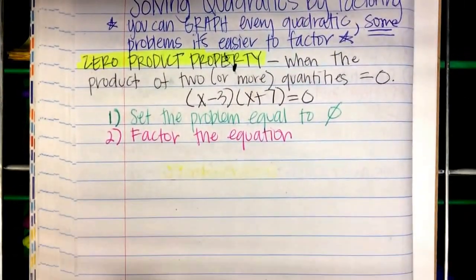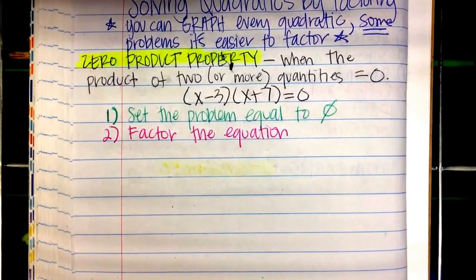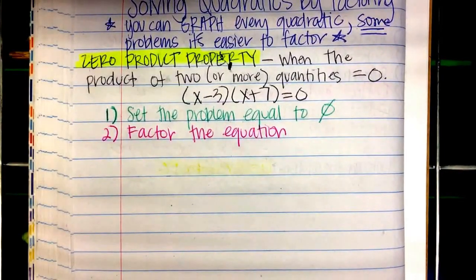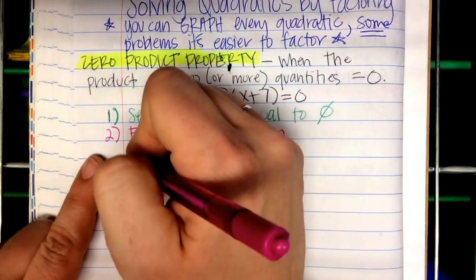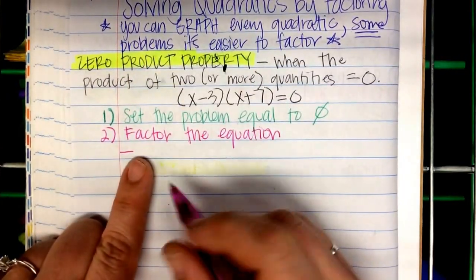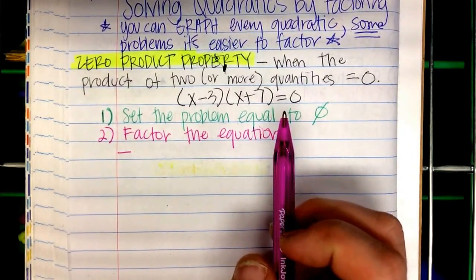Step 2 is to factor the equation. All right. So this factor of the equation, we have to go back to polynomials to think about.